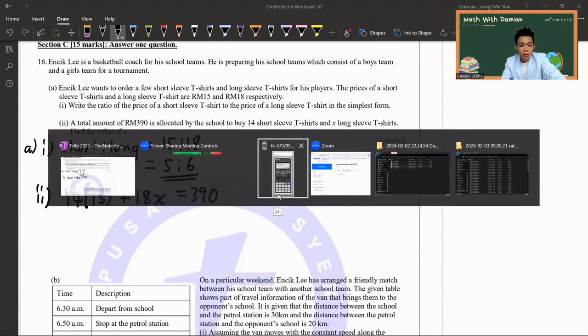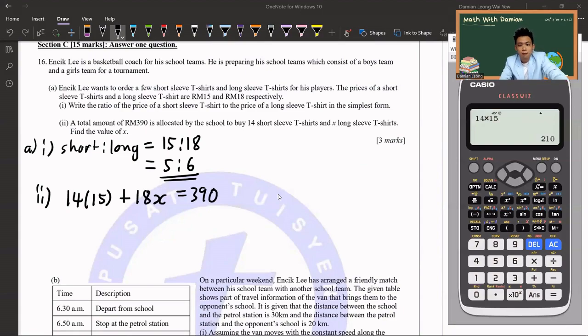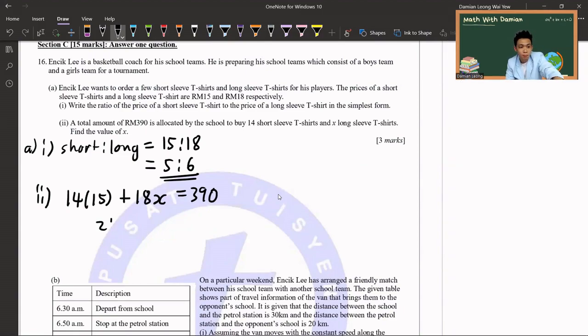So I calculate 14 times 15, I get 210 plus 18x equals 390.